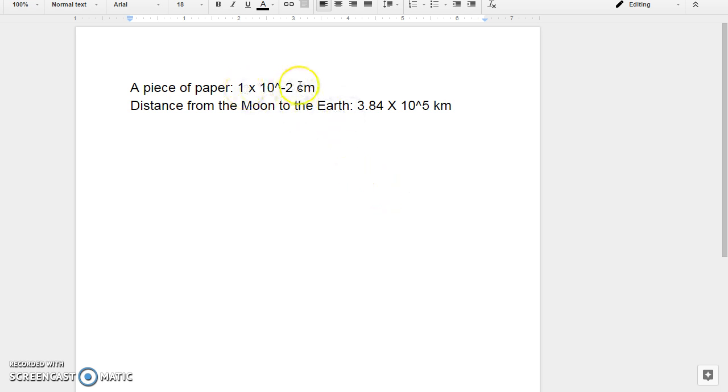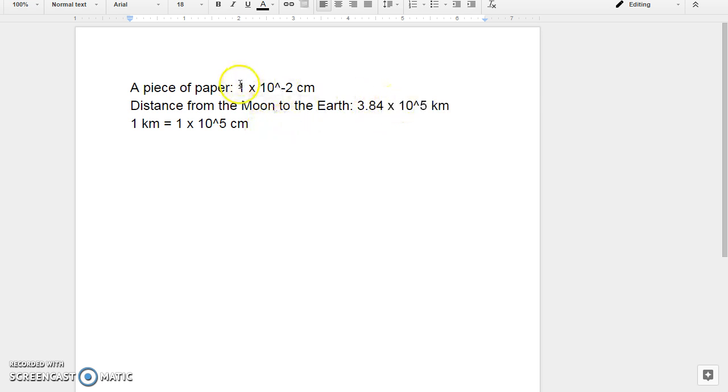Next, we also have one more piece of data, the conversion: 1 kilometer equals 100,000 centimeters, which in proper scientific form is 1 multiplied by 10 to the power 5, because each time we move the decimal point to the left, the exponent increases.